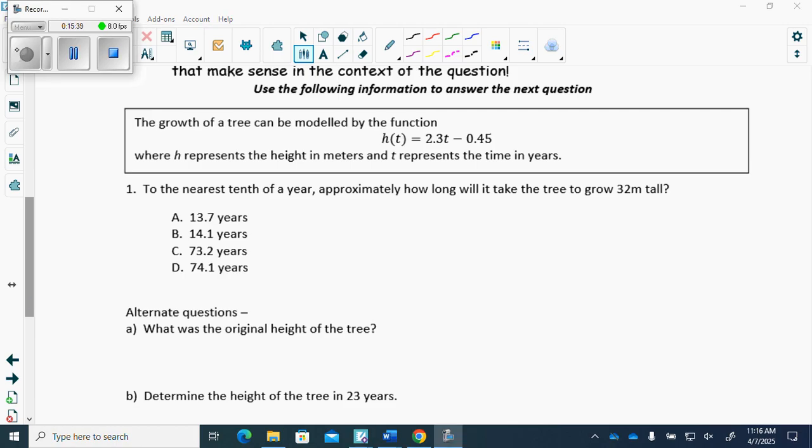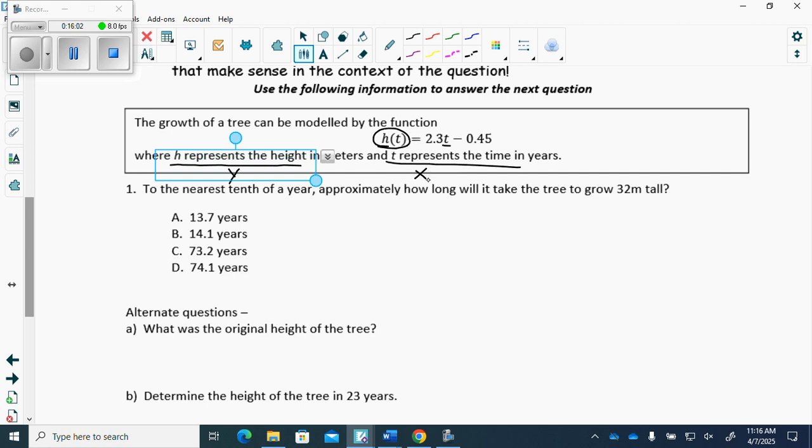All right, please. So if we want to know this, h represents the height in meters. H is here. Do you see that? So what is h then? Y or x? Y, because it's y equals, correct? And then t is in the spot of what? X. Okay. So here it says, to the nearest tenth of a year, approximately how long will it take the tree to grow to 32 meters?